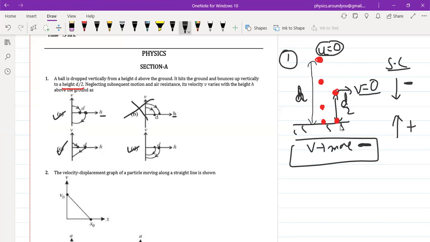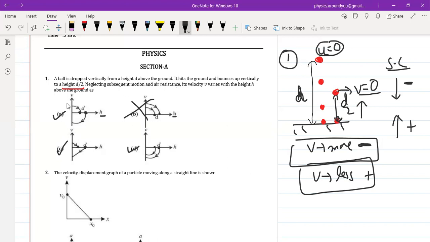Well, in the second phase, the ball is climbing up. So velocity should be positive. Not only that, it should become less and less. It should start as positive, but as it increases the height, it should become less and less positive.